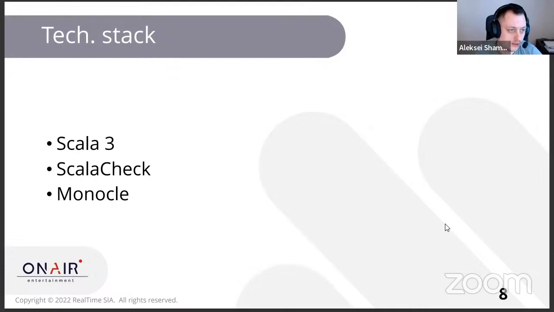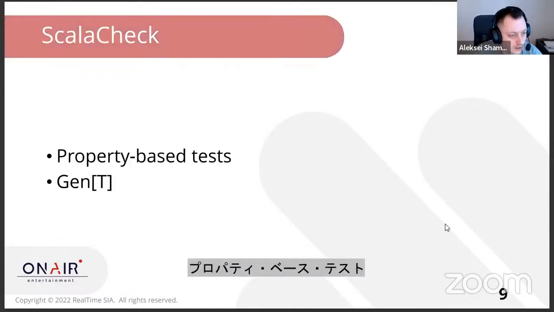In regard to tech stack, today we're going to use Scala 3 because it is the latest and greatest version of Scala, but in general, this approach should work for Scala 2 as well. Scalacheck is a library for property-based tests, and the interesting thing here is Gen[T].